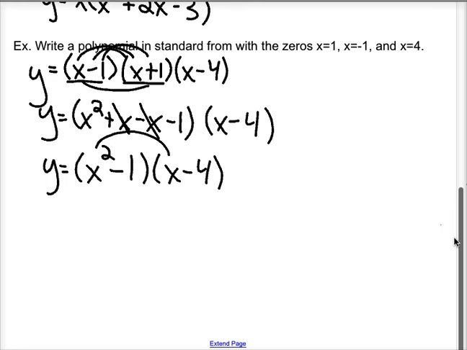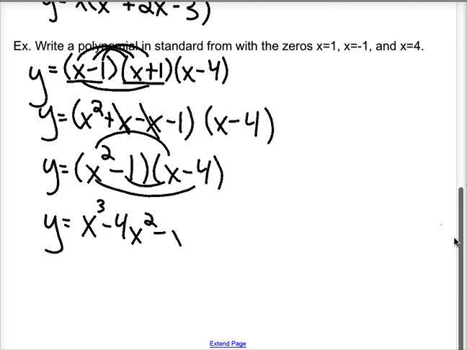So x squared times x, well, add the exponents. 2 plus 1 leaves me an x to the third minus 4x squared minus x, then plus 4. And that is going to be your polynomial that gave you those 3 zeros.